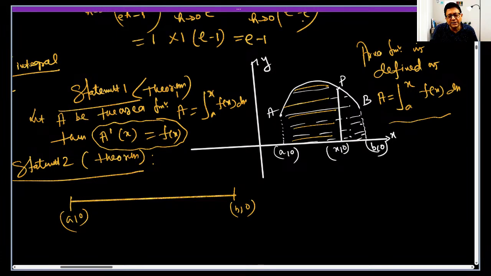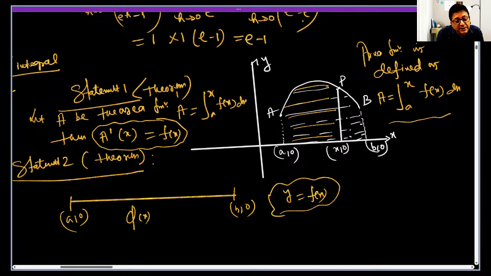Let the function y equal to f(x) be continuous in the interval A to B. Then take another function phi(x). Let phi(x) be the primitive of f(x). What does it mean?